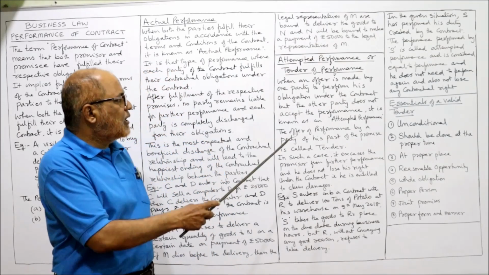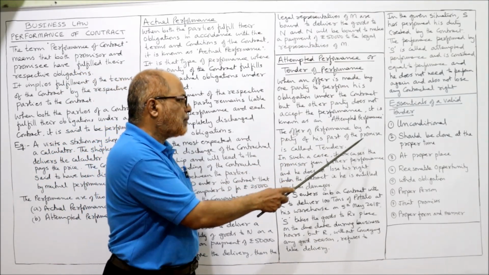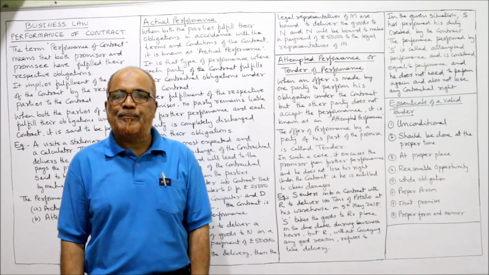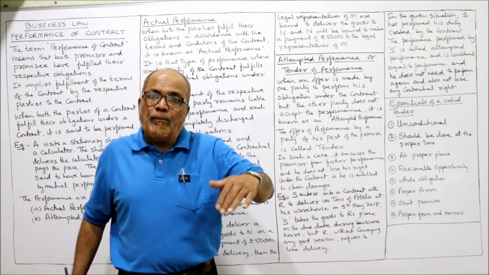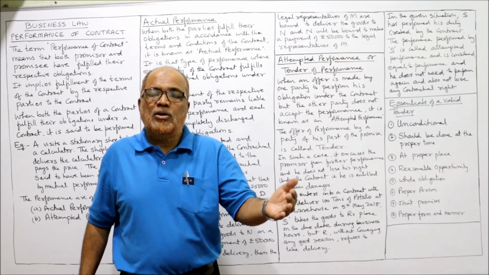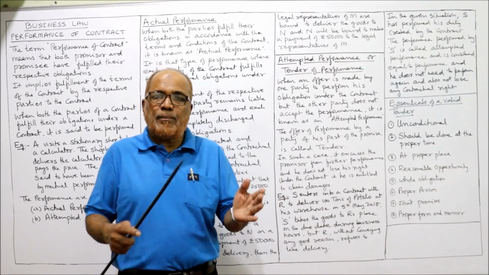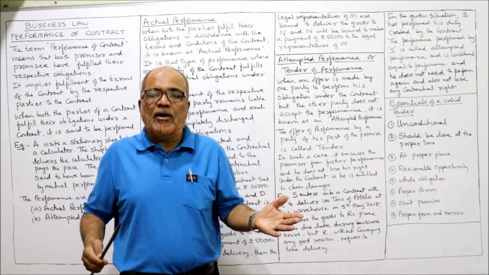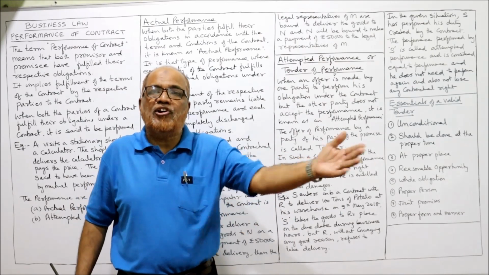Now, the offer of performance by a party of his part of the promise is called tender. When one person is ready to complete his part, to complete his promise, it is called his tender. For example, A is ready to complete his promise. In other words, A is tendering.